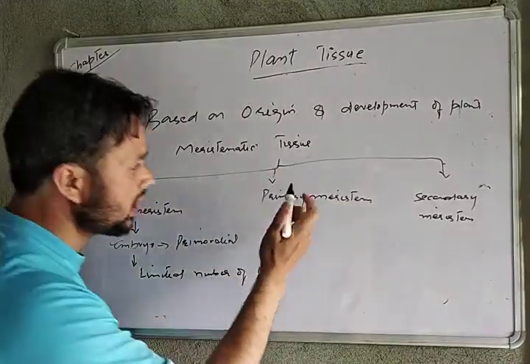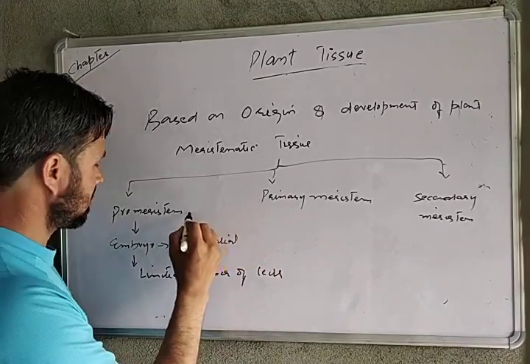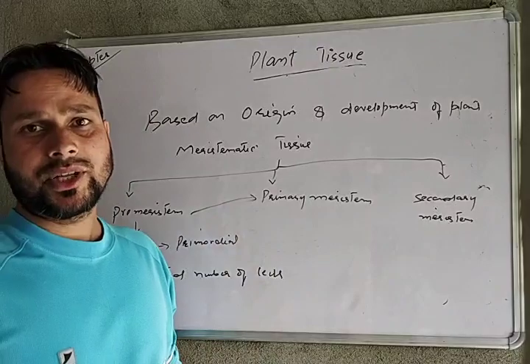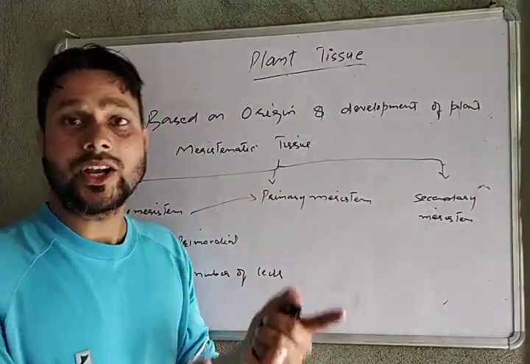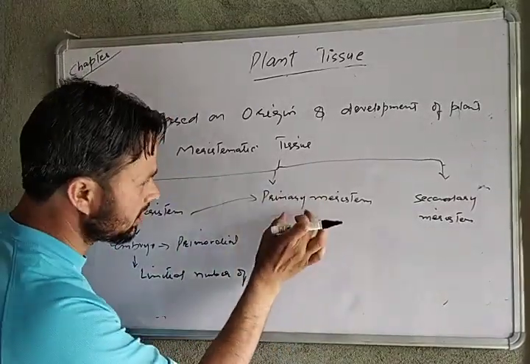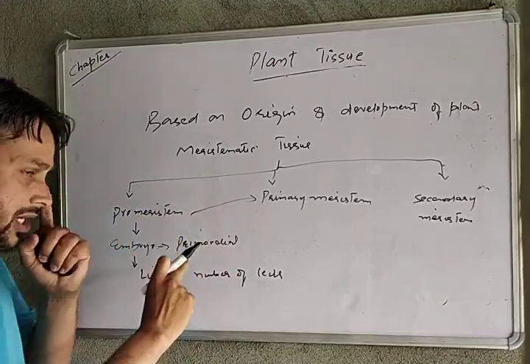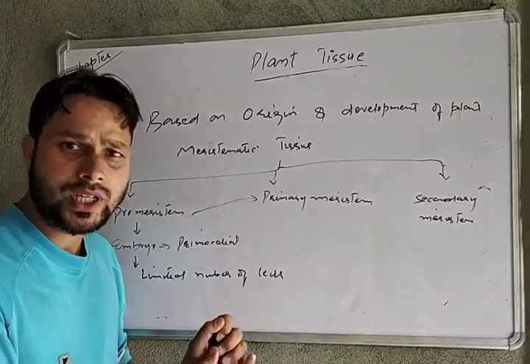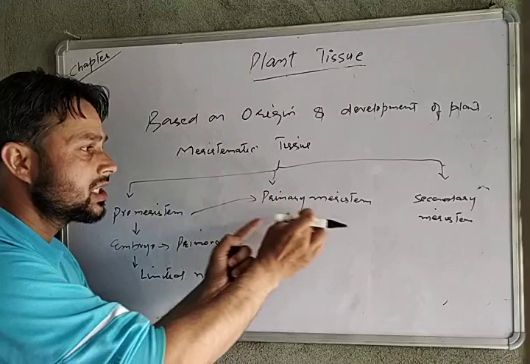So the origin of primary meristem is this promeristem. Promeristem gives rise to primary meristem, which gives rise to further differentiation of plant parts and tissue. Promeristem has a group of limited number of cells which have the power of division, which forms a small tissue known as primary meristem.